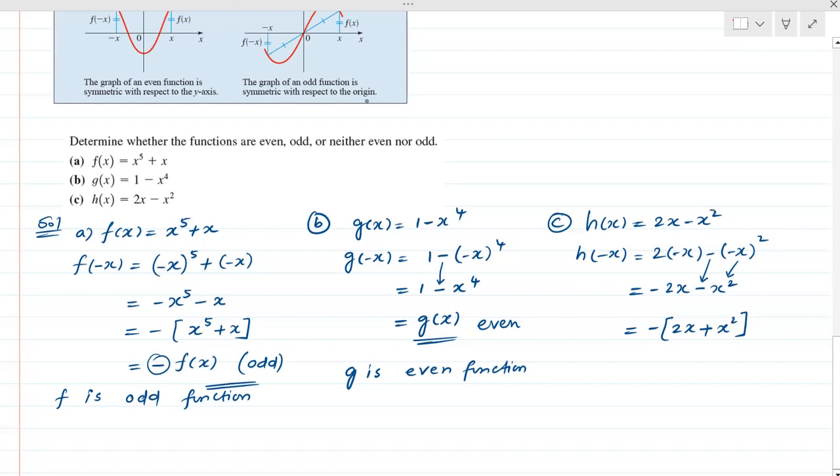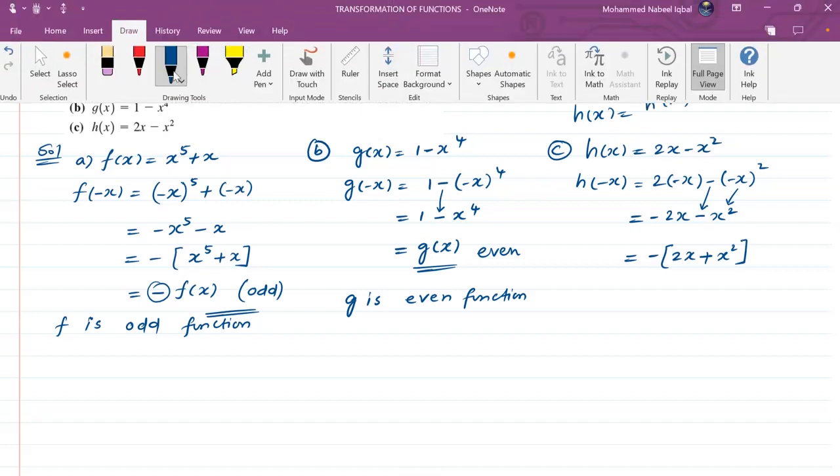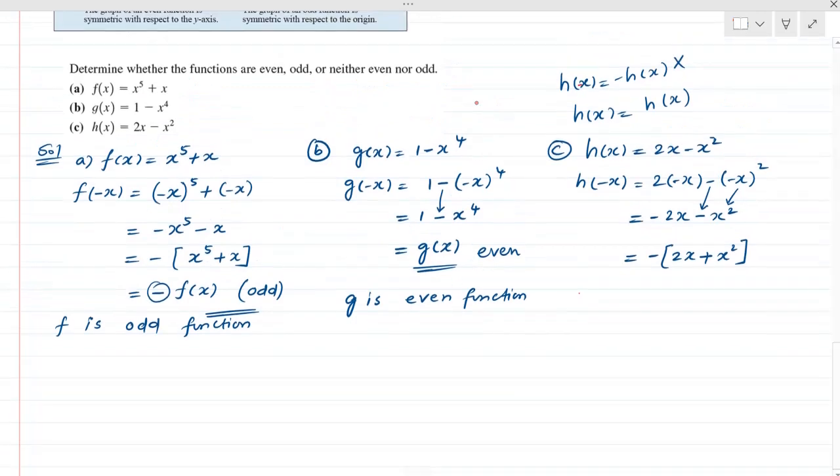If you see h, it is 2x minus x square. So therefore, it is neither even nor odd. You will not get any of the conditions. You will not get h of minus x equal to minus h of x, and you will not get h of minus x equal to h of x. When you substitute minus x, you will not get either result.